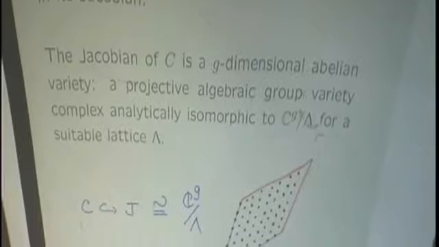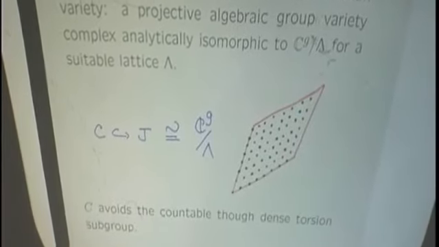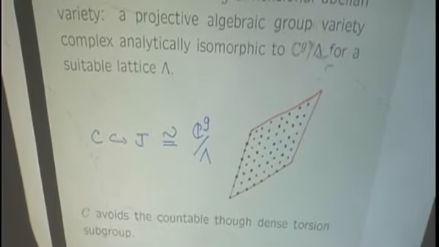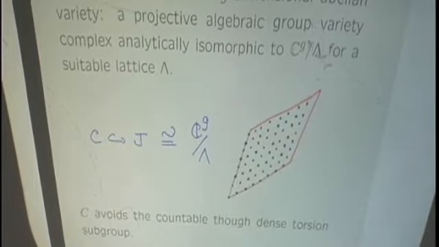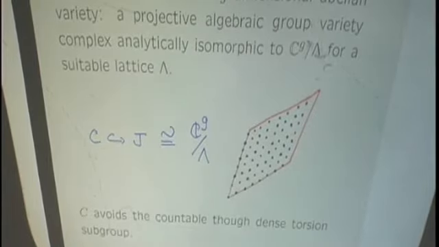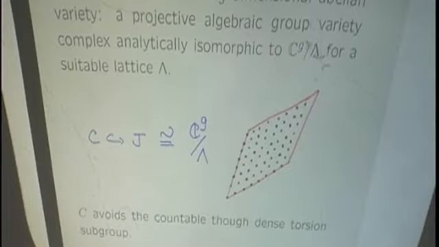The Jacobian of the curve is some g-dimensional abelian variety, which is a projective group variety, complex analytically isomorphic to C^g modulo a lattice. Here is a fundamental domain for the lattice, with the black dots indicating the torsion points. You can see the division points of the lattice, and they become dense as you draw more dots.